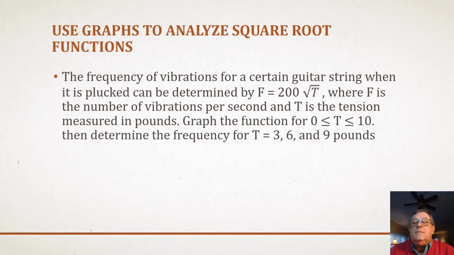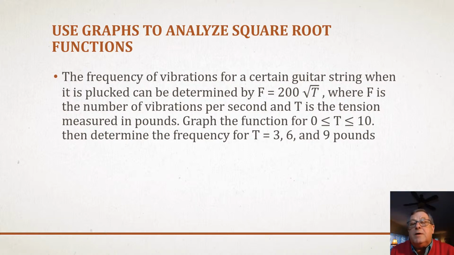Now, if we think about this function here, there's something that we can see. The greater the tension, the greater the number of vibrations. Because if I put in 3 for T, we get 200 times the square root of 3. That would be the number of vibrations, or with 6, 200 times the square root of 6, or the square root of 9, which is 3.